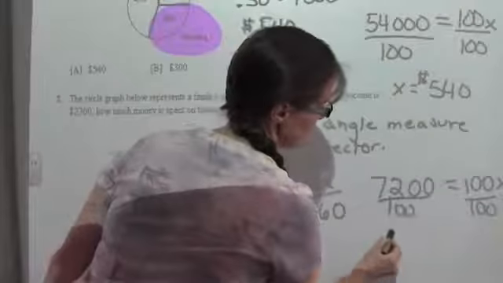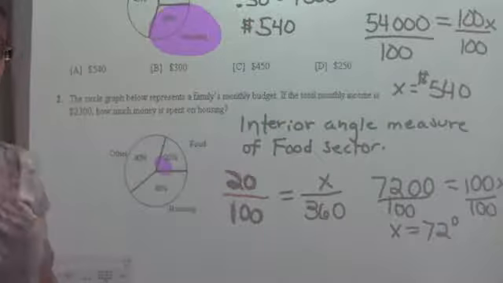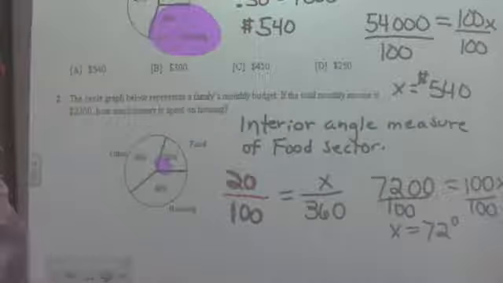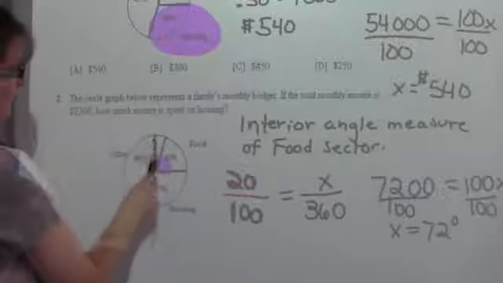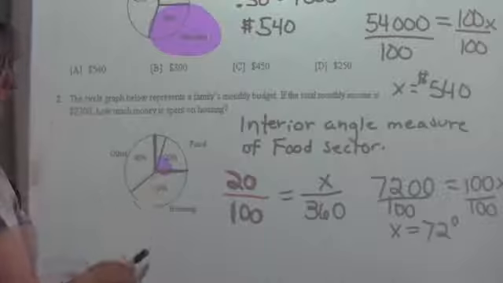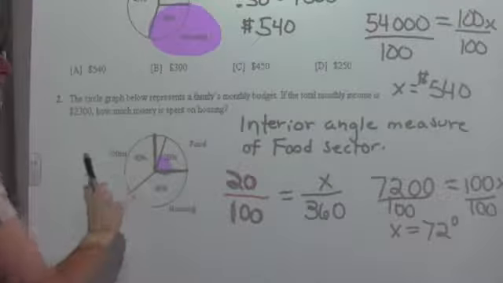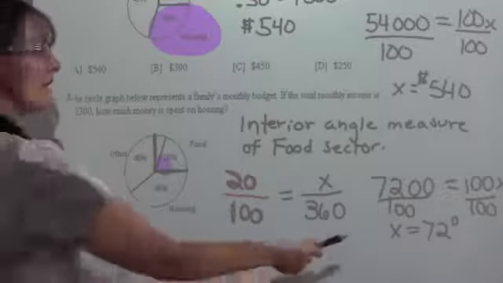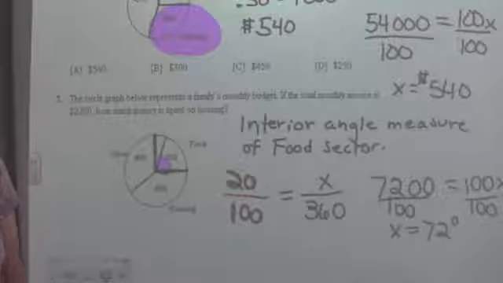And I discovered that x is equal to 72 degrees. Remember, we were looking for degrees. Let's see if that answer makes sense. We know a 90-degree angle would be about right here. So this had to be less than 90 degrees. And it wasn't a lot less than 90 degrees. So to me, 72 degrees makes sense.